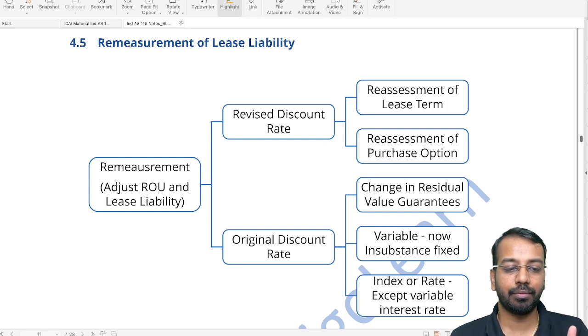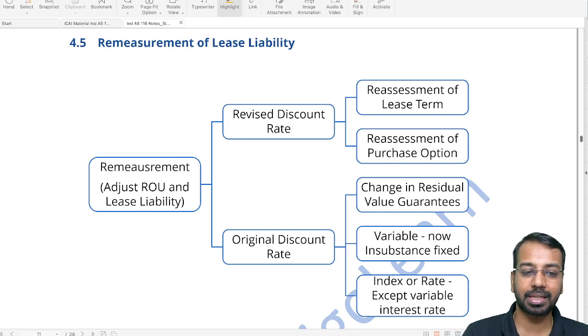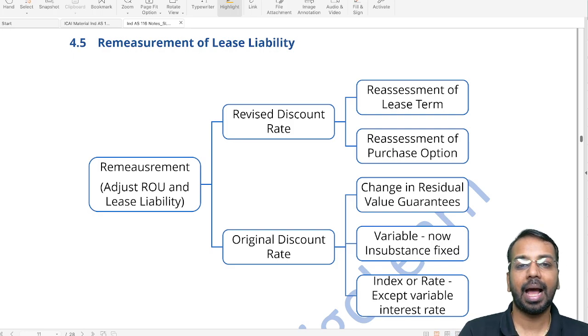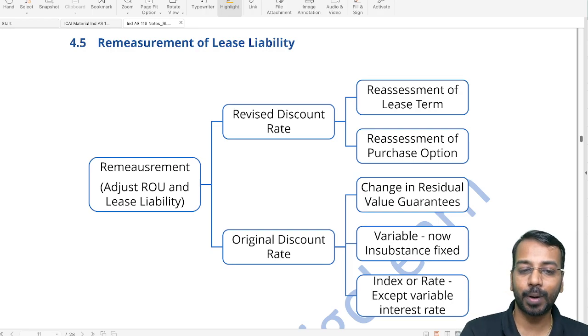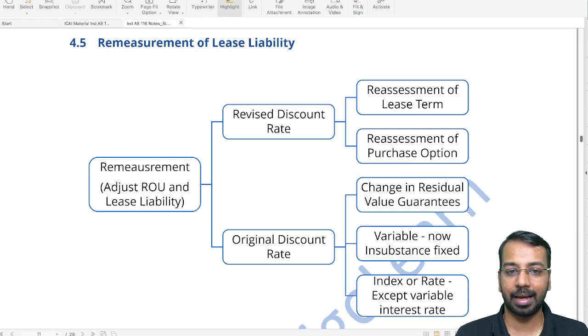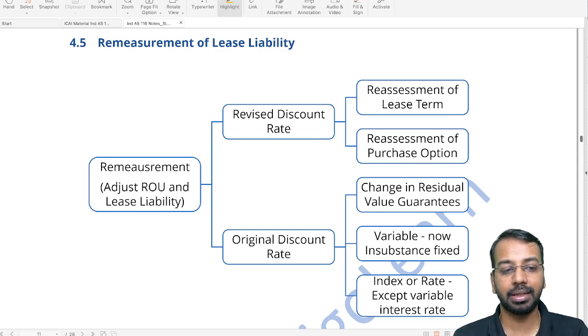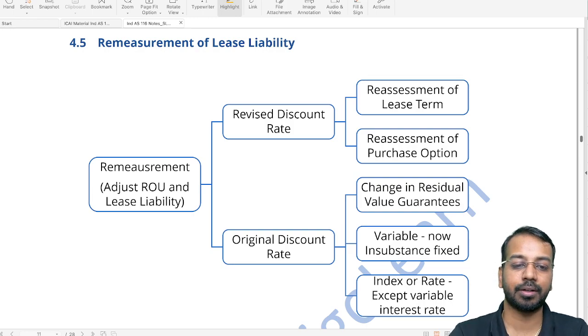Okay, so when we say remeasurement, we are adjusting the right of use asset and the corresponding lease liability, right? Remeasure means subsequently we are remeasuring the ROU asset and the lease liability. Now when could we start remeasuring? Let me give an example.